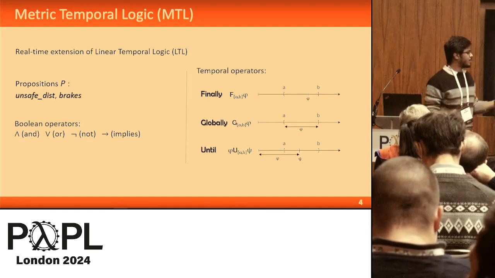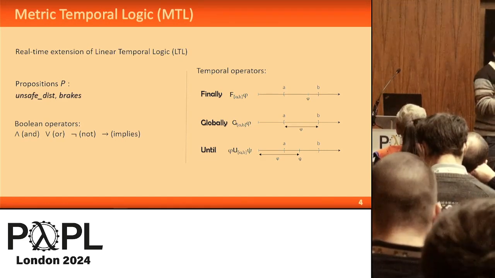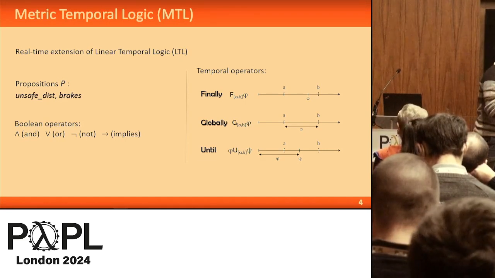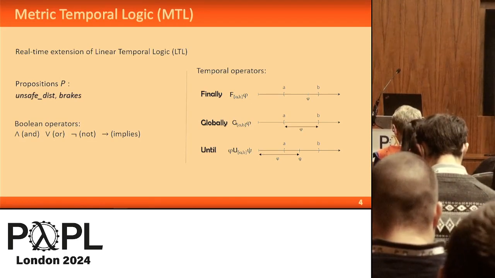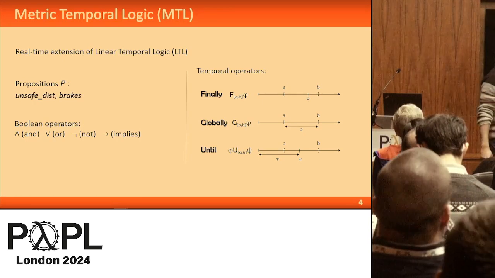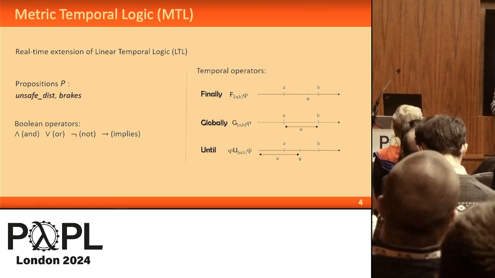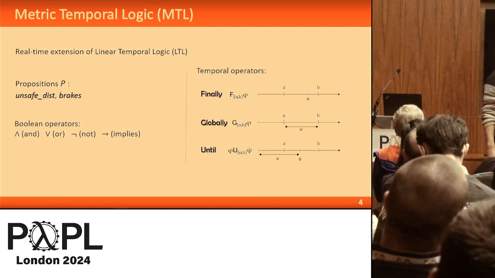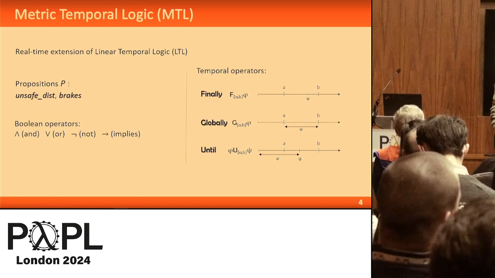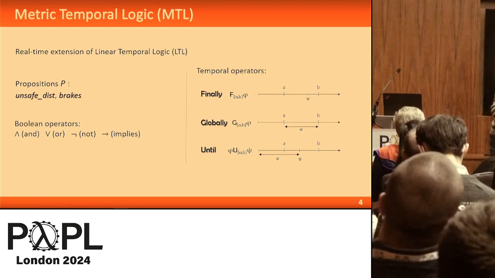Then you have the temporal operators, which help you to represent properties involving time. You have finally, F_[a,b] phi, which says that phi must hold within the interval [a,b]. Globally, G_[a,b] phi, which says that phi must hold during the entire interval [a,b], and until, which says that phi U_[a,b] psi means psi must hold in the interval [a,b], and until then phi must hold.